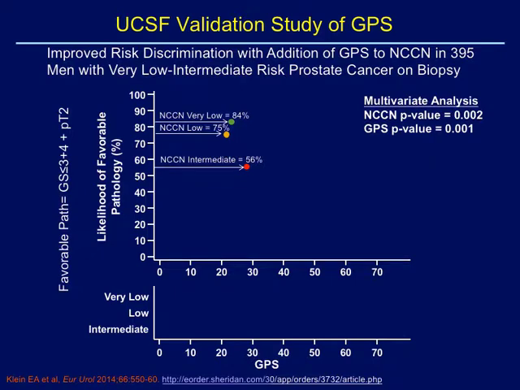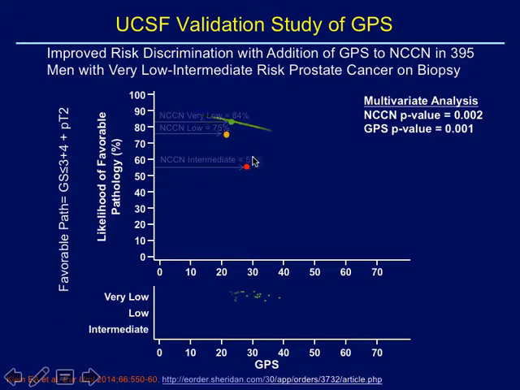But this happens to be Oncotype DX, put out by Genomic Health, looking at the NCCN guidelines and the likelihood of favorable pathology, meaning less than or equal to 3+4, organ-confined disease. And what we know historically to be the risk.